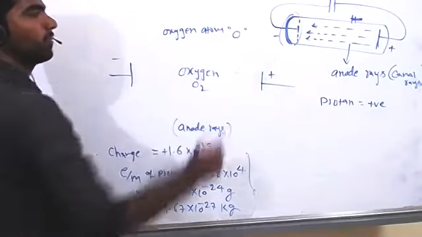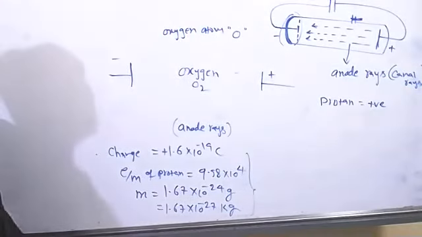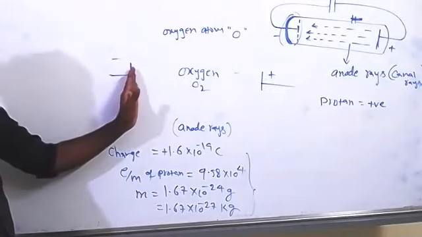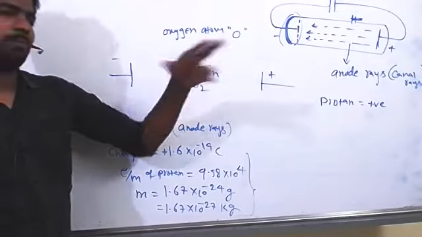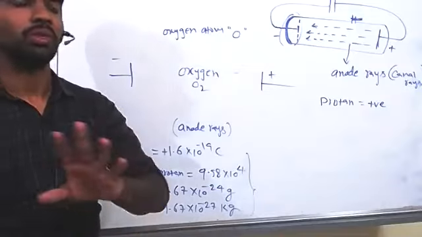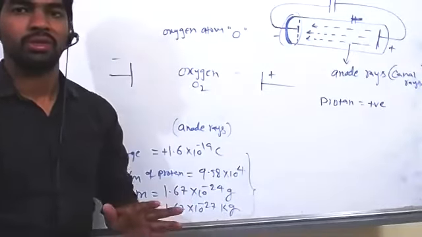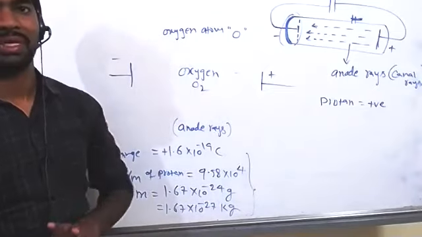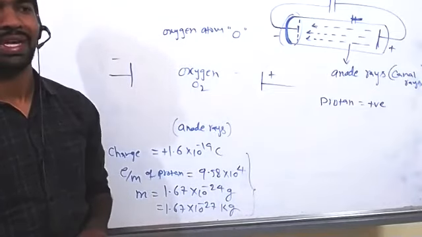We know in an oxygen atom there are 8 electrons and 8 protons, and of course 8 neutrons also present. The cathode rays strike this oxygen atom. Maybe the oxygen atom loses 2 electrons or 1 electron or 3 electrons, but no doubt it won't lose all the electrons, mind that point. Here we are supplying 10,000 volts; maybe it loses 2 or 3 electrons, but it won't lose all the electrons.